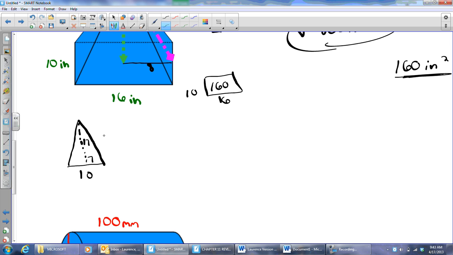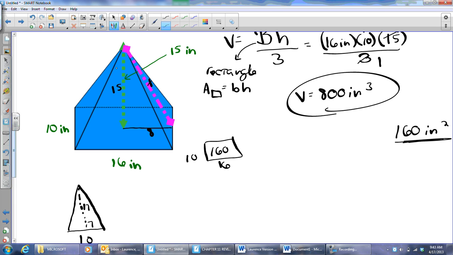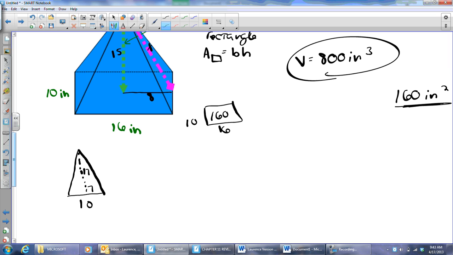And there's going to be two of those. One is going to be on the left side of the pyramid, one's going to be on the right side. Now, if the base were a square, I wouldn't have to do this much work. So I'm going to do 10 times 17, and divide by 2. 5 times 17 is 85, and then when I double, because there's two of them, I'm going to be back up to 170. So now I have 170 inches squared.